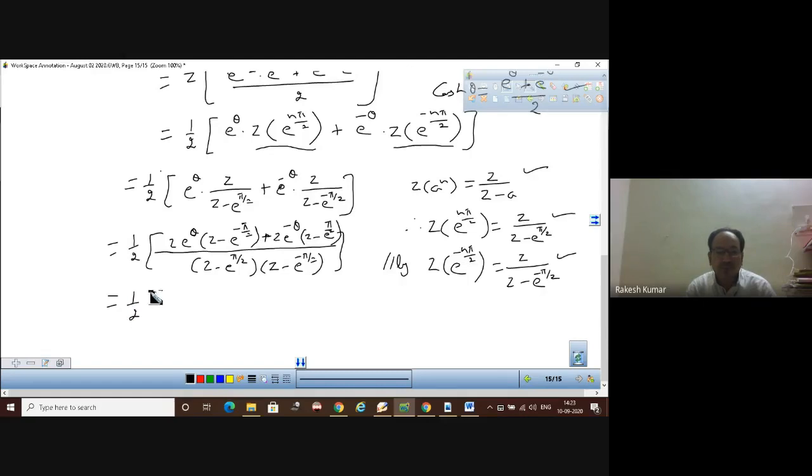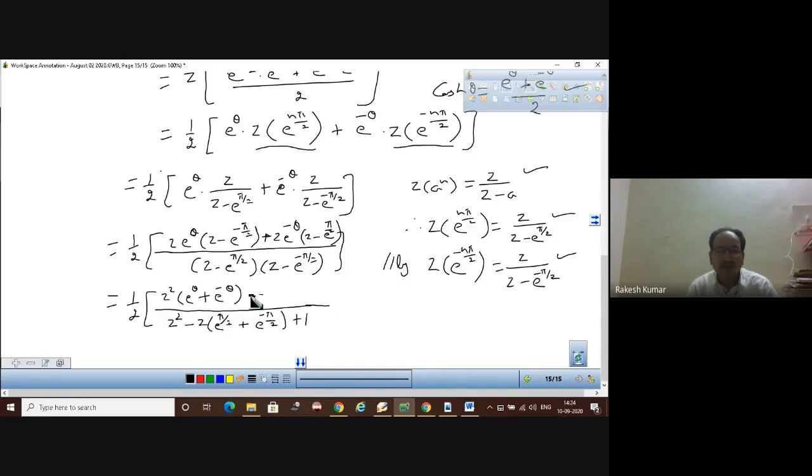Now you just try to make this expression simpler, and for this we have to solve it more. In the denominator, that is z square minus z common, e raised to power pi by 2 plus e raised to power minus pi by 2, and that will be plus 1 in the denominator. And in the numerator, z square can be taken common, that will be e raised to power theta plus e raised to power minus theta.